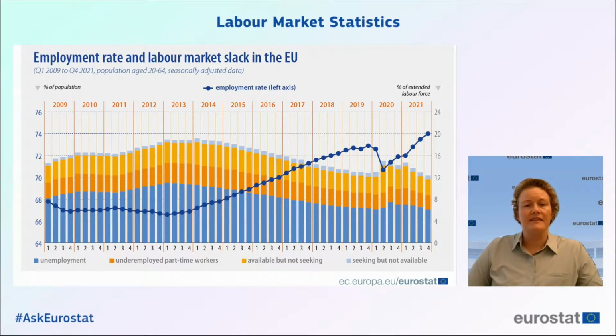The other indicator in this slide is the labor market slack. It's a broader measure of unmet need for employment. It contains unemployment, which is the best known indicator of this compound indicator. It's the somewhat lighter blue bars, which are the unemployment, but it also contains data on the underemployed part-time workers.